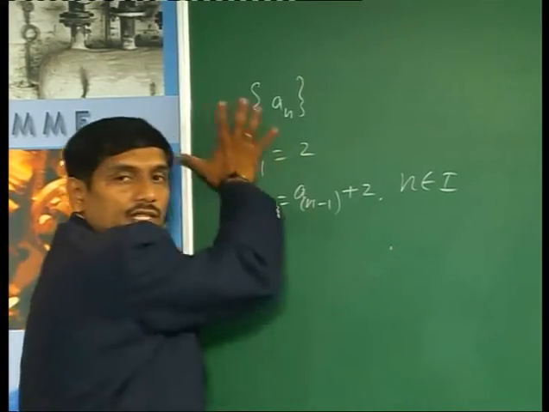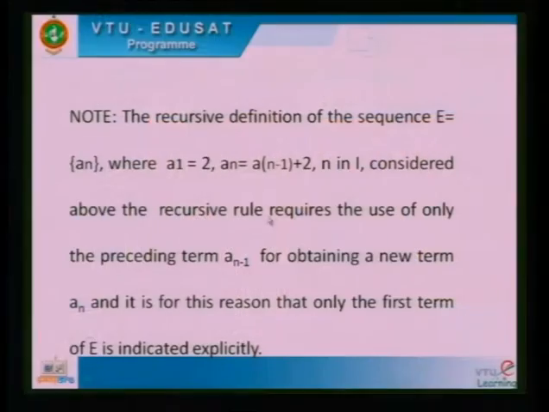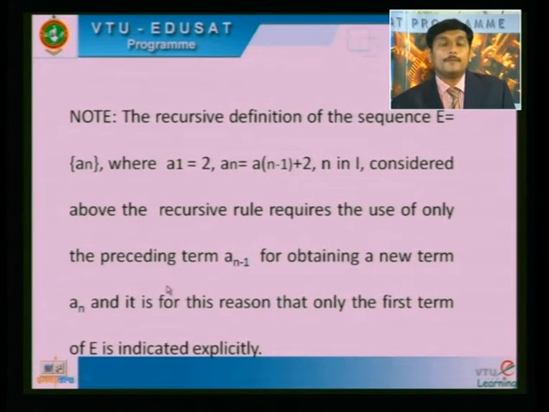Consider that the recursive rule requires the use of only the preceding term a n minus 1 for obtaining a new term a n. It is for this reason that only the first term of E is indicated explicitly.